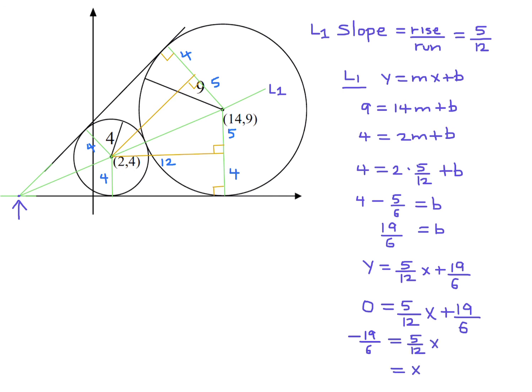So x looks like minus 19 times 2 over 5, and that is equal to minus 38 over 5. So this point is (minus 38 over 5, 0). Okay, so at this point, now we can finally concentrate on this line right here.